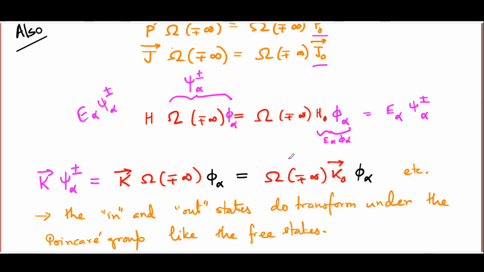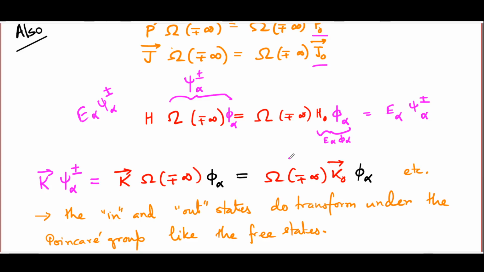So we are nearly done. We have established that we do have operators which generate Poincare transformations on the in and out states in exactly the same manner as the free particle operators generate on the free particle states.